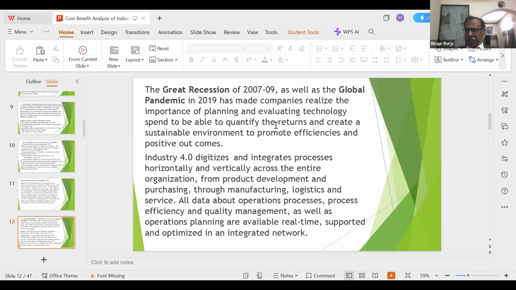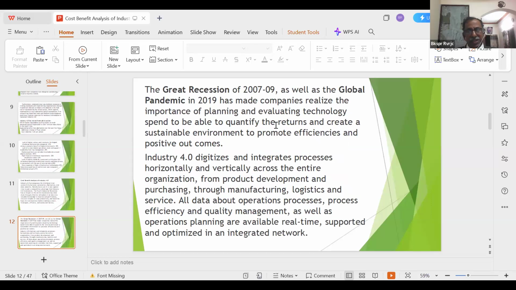The Great Recession of 2007, as well as the global pandemic in 2019, has made companies realize the importance of planning and evaluating technologies spent, to be able to quantify the returns and create a sustainable environment to promote efficiencies and positive outcomes.